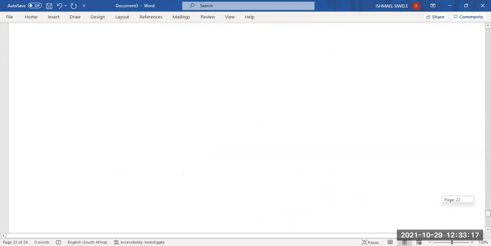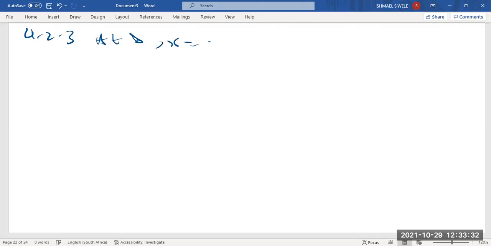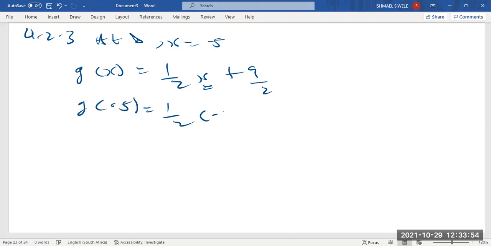So at D, we're going to use the straight line equation. We're going to use the fact that g of x is equal to 1/2 x plus 9/2. We substitute x to be equal to -5 in 1/2 x plus 9/2, right?